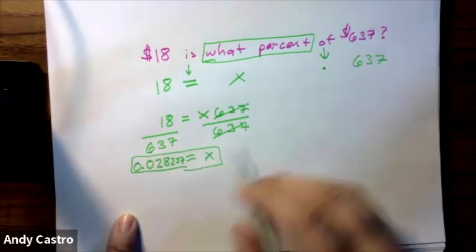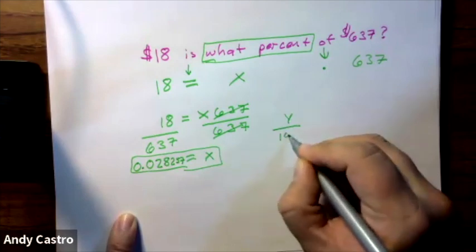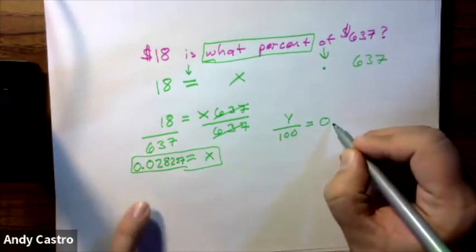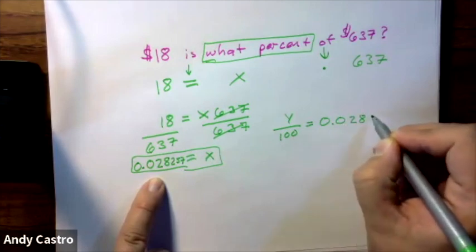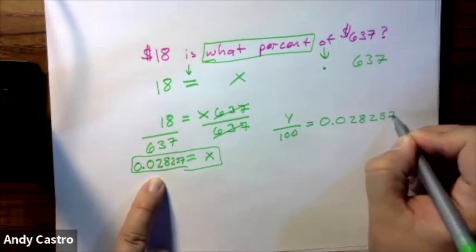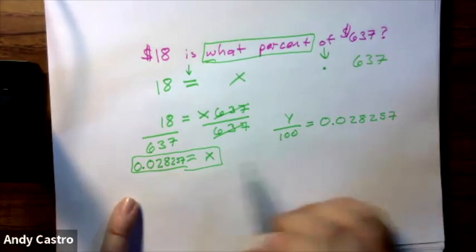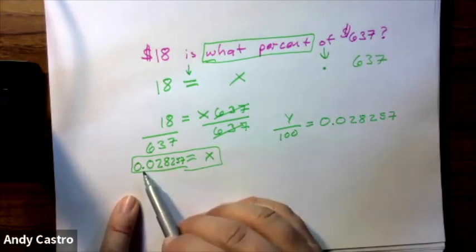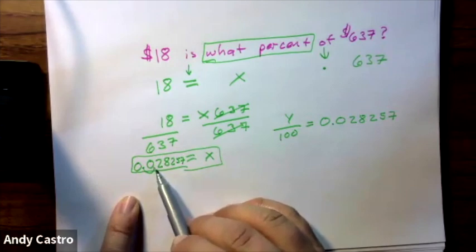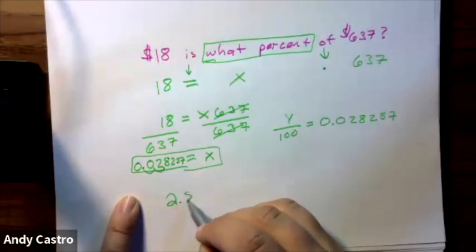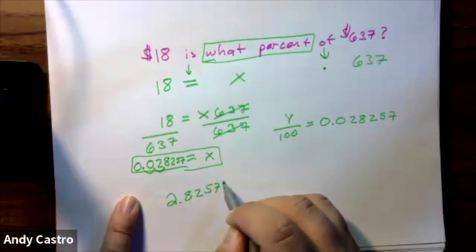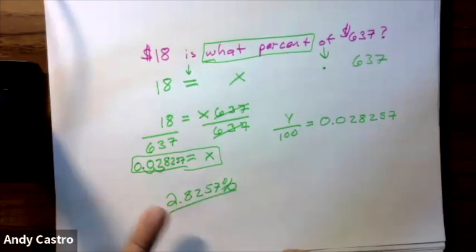So that means that my y over 100 is equal to that number, 0.028257. Now, the easy way to do this is, now that I know that I'm going to percent, I can just move two decimal places to the right and get 2.8257%, right?